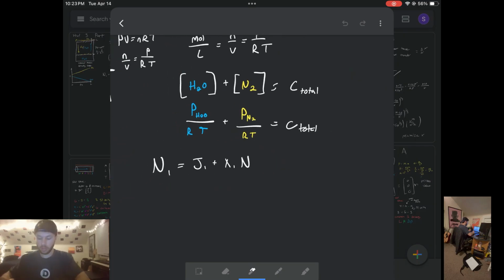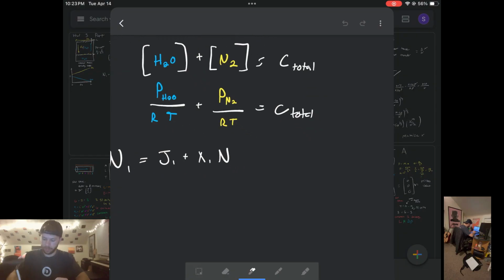The overall flux can be written as total flux is equal to the flux of component 1 plus the flux of component 2 in a binary system.